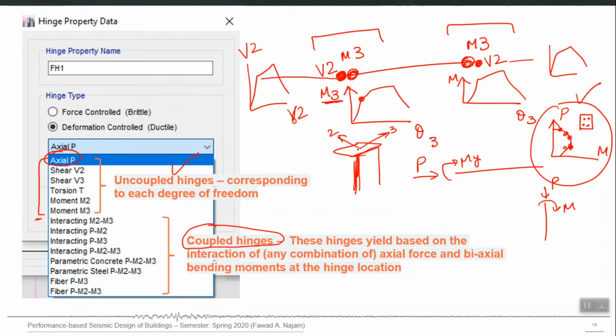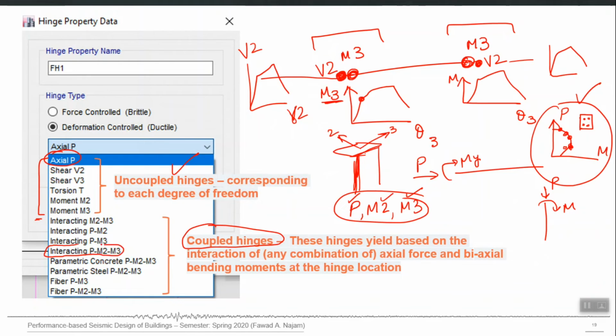So we have three primary actions in a column, P, M2 and M3, right? So there can be a type of plastic hinge which will account for the interaction between these 3 degrees of freedom, right? And that should be assigned to a three-dimensional column, and that hinge is called the interacting P, M2, M3 hinge, this one.